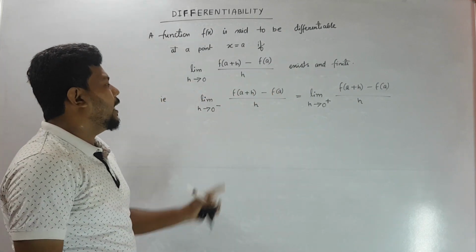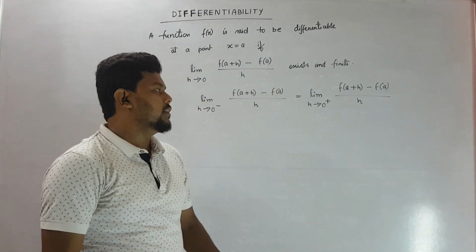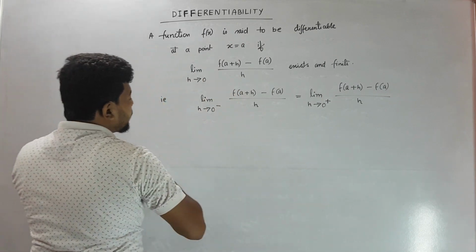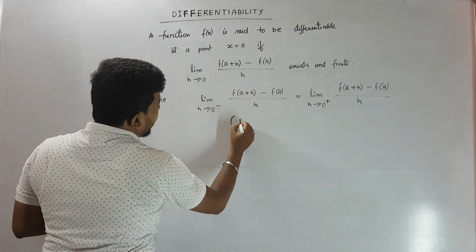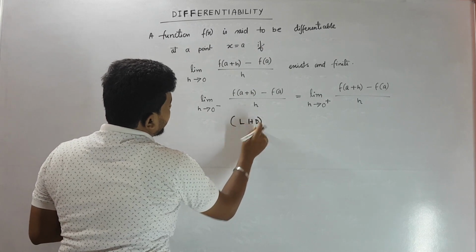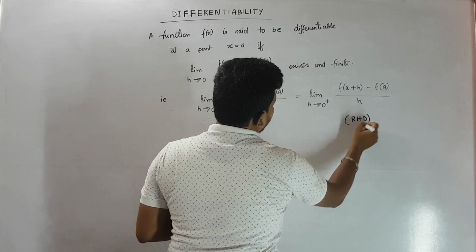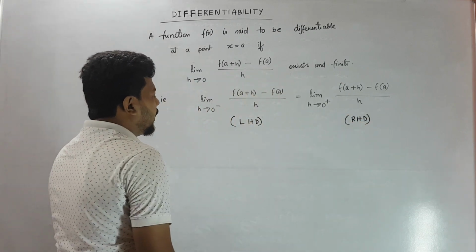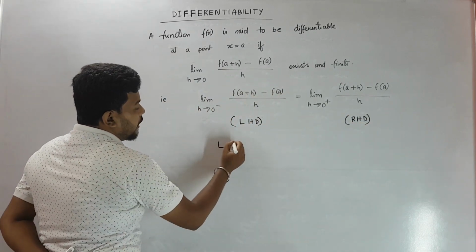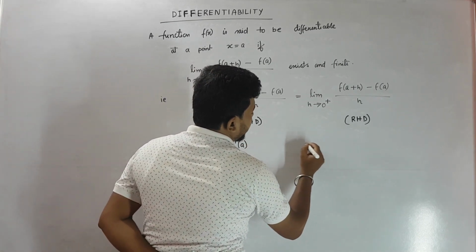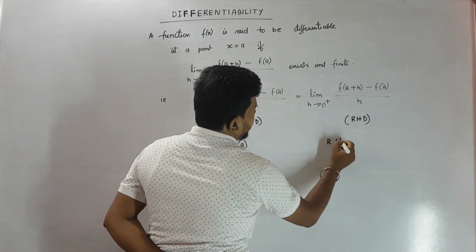This is called left hand derivative, this is called right hand derivative. We can denote them by LHD and RHD. In many books they denote it by Lf'(a) and this by Rf'(a).